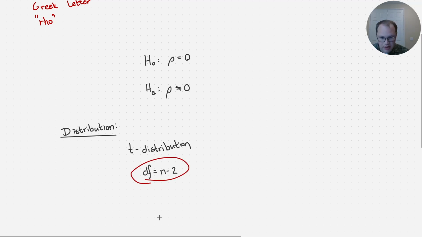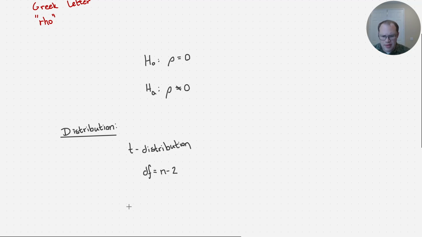That's a little bit different than usual. It's not n-1, it's n-2. Okay? That has to do with the fact that we have bivariate data, and we are looking at whether there's a linear correlation with the data. Generally, you need 2 points to determine a line. So that's kind of where that 2 comes in.